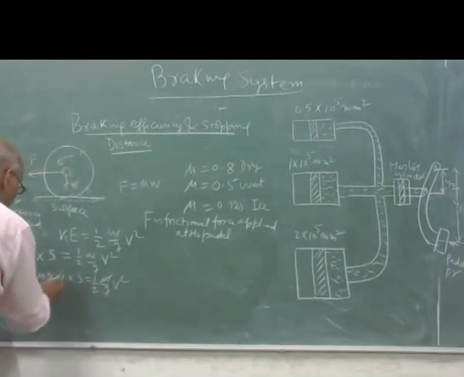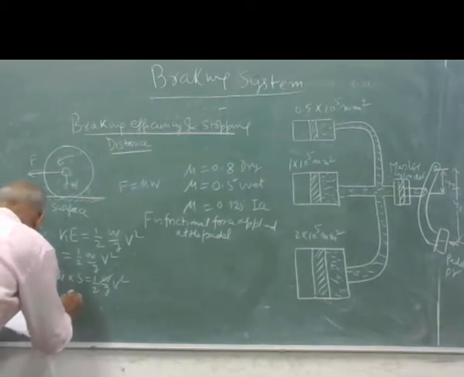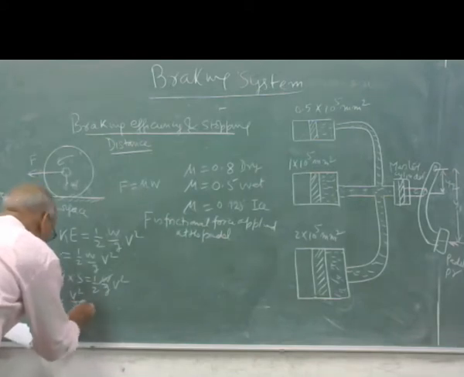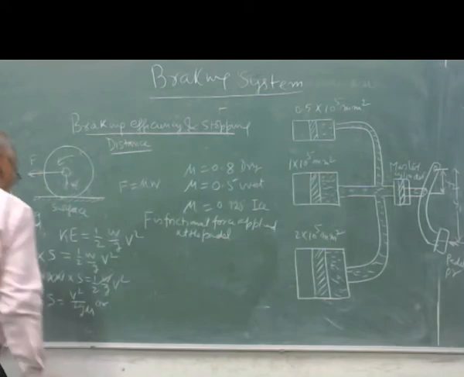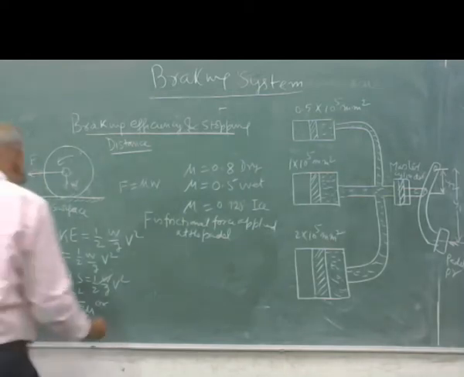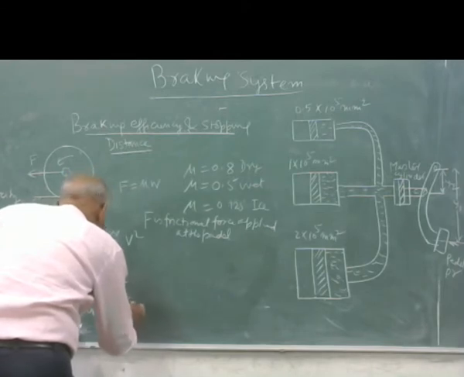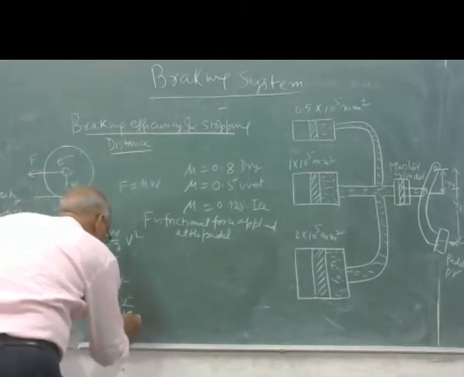W W will cancel. So the distance which will be traveled is V square upon 2G mu.